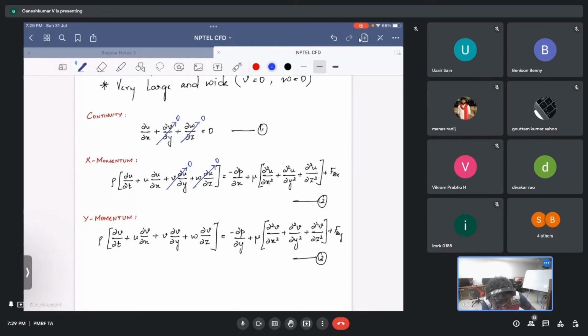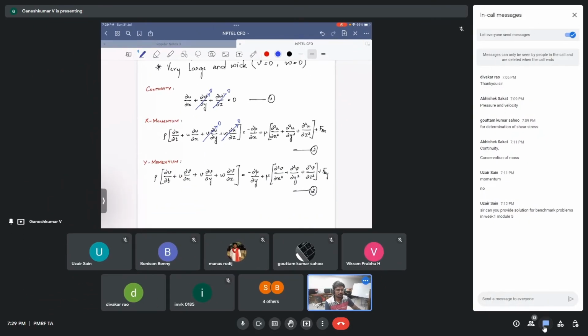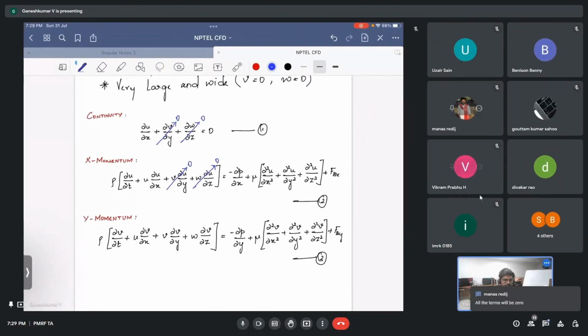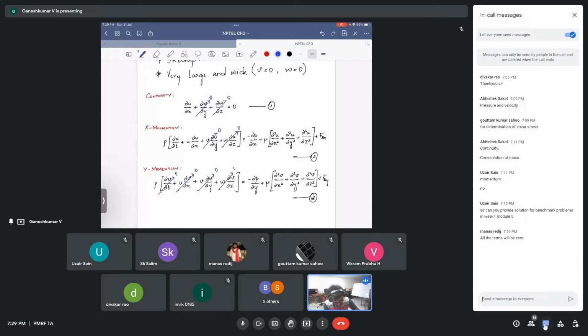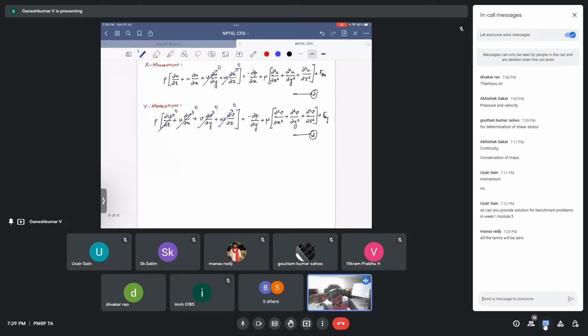Right, this term would be 0 because velocity v is 0. This term also would be 0. That is true. Here also this term would be 0, this term would be 0, this term would be 0.